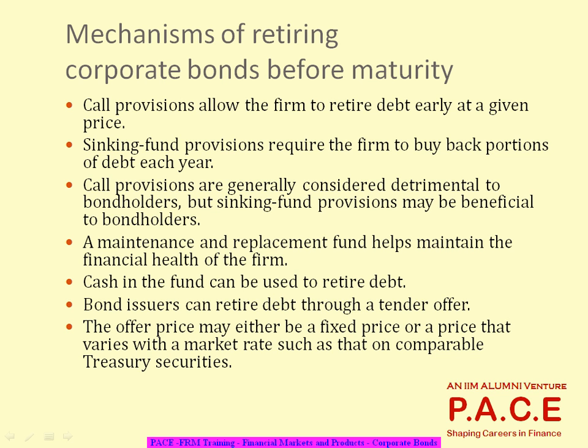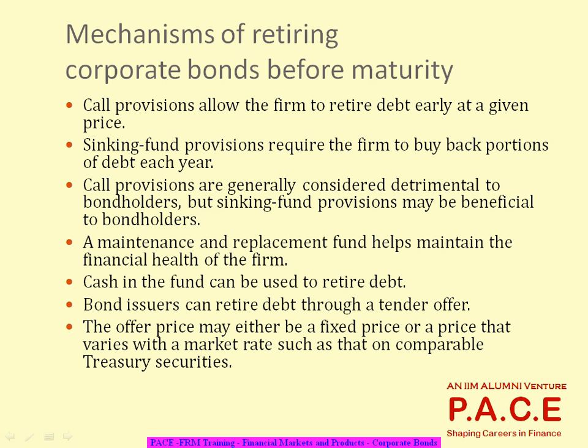And if in these 10 years the interest rates have not gone lower, they will not go for a call option at all. Today, any bond that a company has issued in the last 1-2 years probably has a definite call option. Whereas 4-5 years back, any bond that companies issued had no call option.